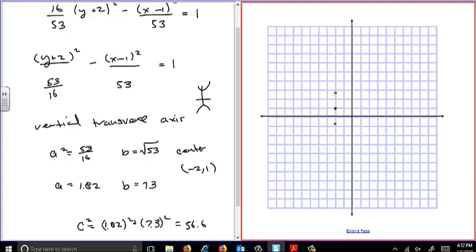So that gives us part of the box. B goes the other direction, 7.3. So we go 1, 2, 3, 4, 5, 6, 7.3.